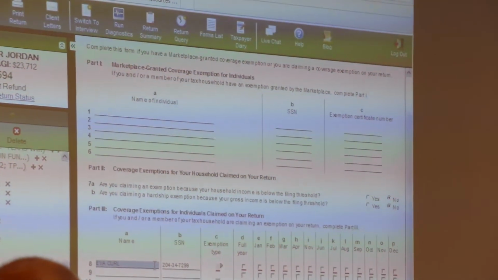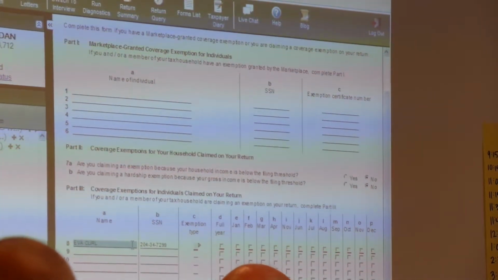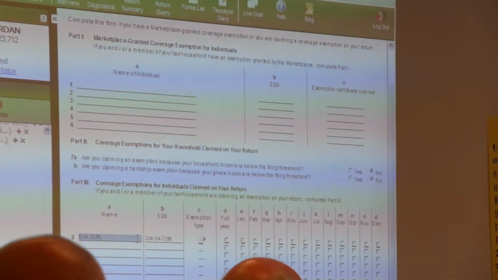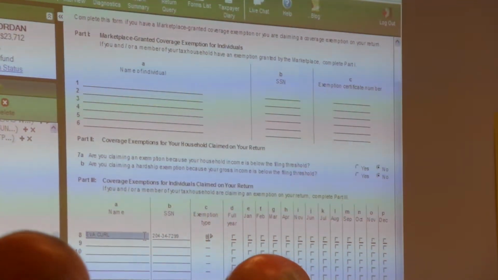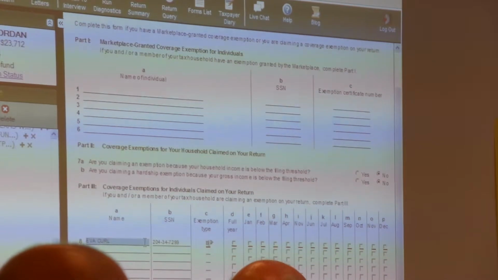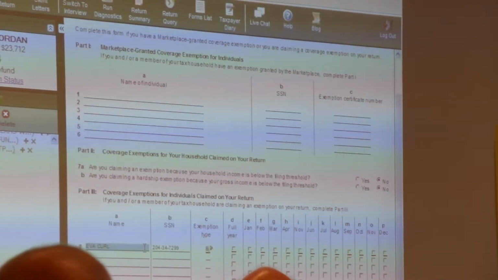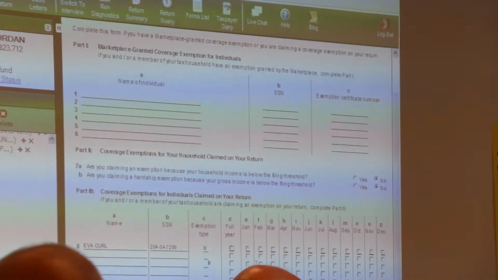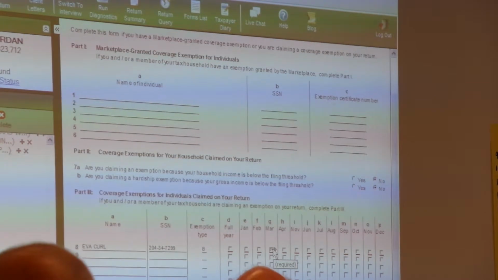And the exemption means... Here's a notice. Where's the notice? Yeah, it's a B. Bravo.